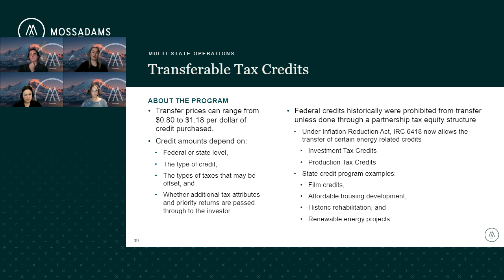Historically, this has been applied to state level credits, but more recently under the Inflation Reduction Act, it can be done at the federal level as well. So some examples of the types of credits: at the federal level, you've got investment tax credits or production tax credits. And at the state level, there's things like film credits, affordable housing development, historic rehabilitation, renewable energy products, different things like that.